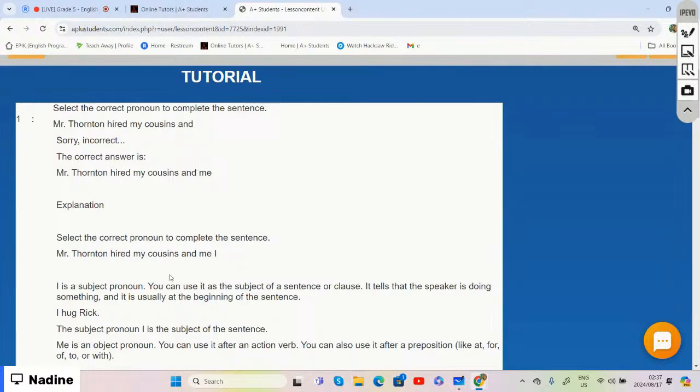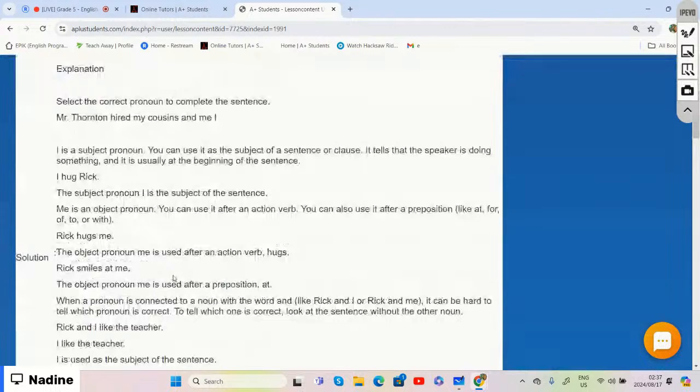So when it comes to subject pronouns, we said I is a subject pronoun, and you can use it as the subject of a sentence, and usually it's at the beginning of a sentence. It tells that the speaker is doing something.